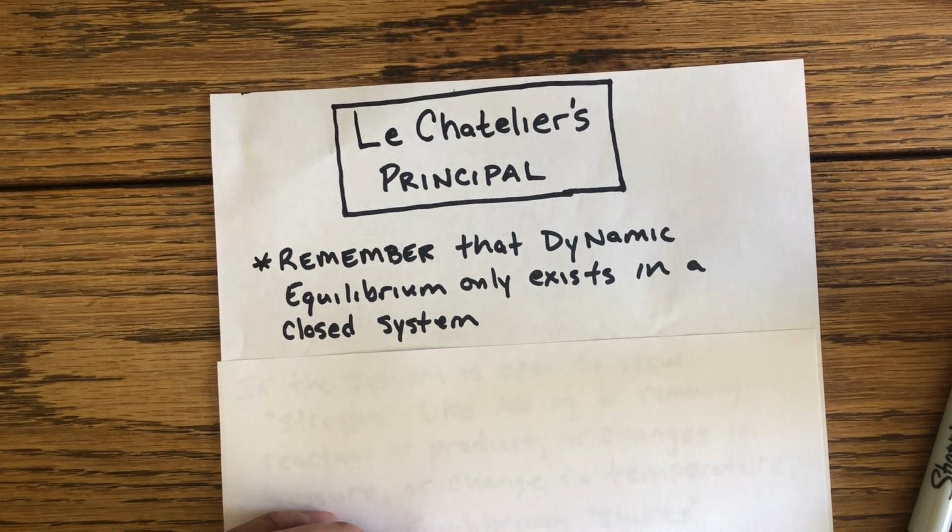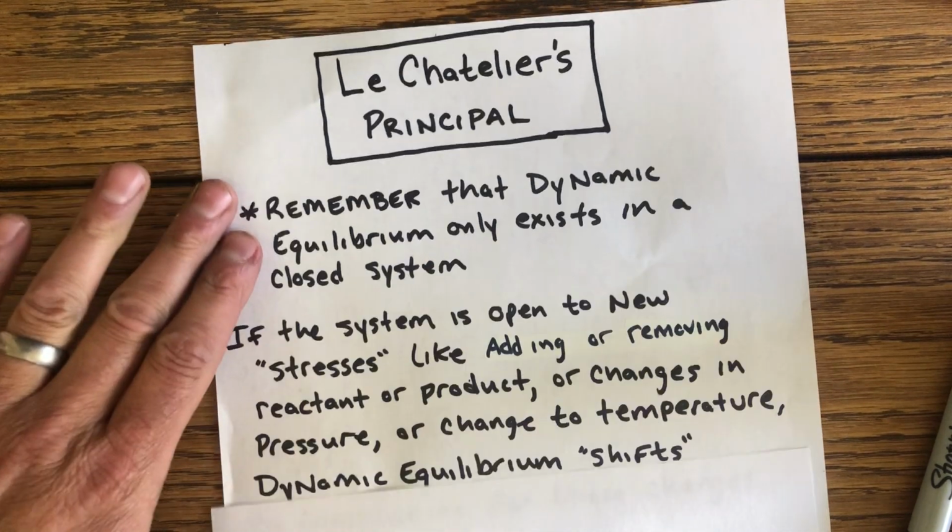So if you're introducing other chemicals or changing the conditions, that means you're going to affect the closed system, and it's going to throw things out of whack in terms of the equilibrium.